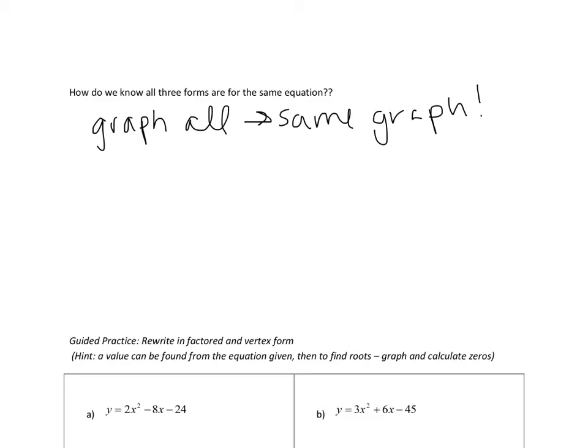So we've already expanded the vertex form into standard form, so now we can also expand the root form into standard form.